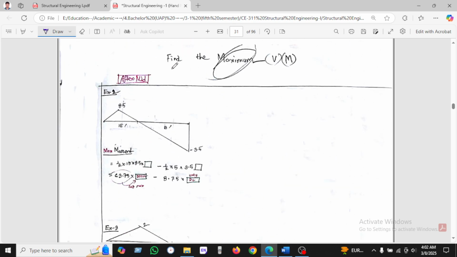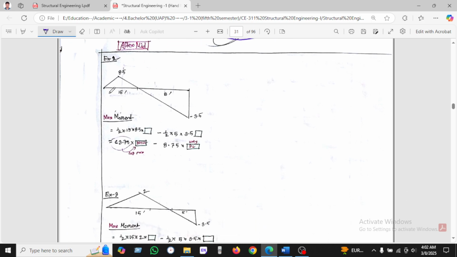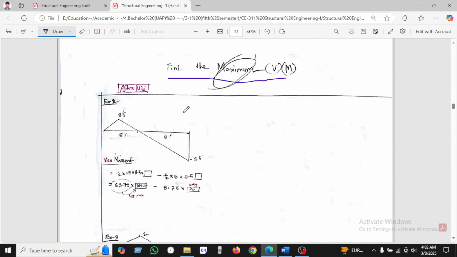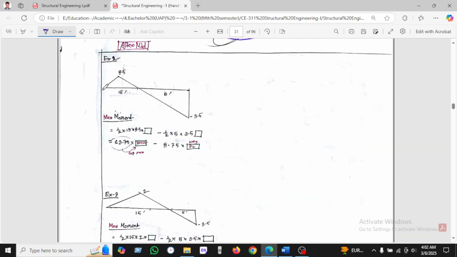Okay, so we calculate the maximum moment and shear. This is our diagram we've seen here, as we saw previously. So after getting this influence line, how to calculate the maximum moment?